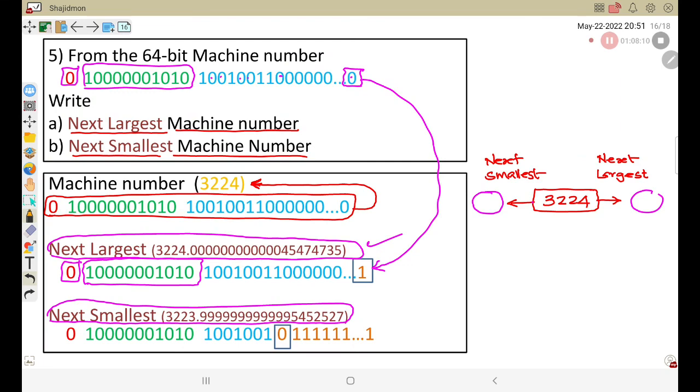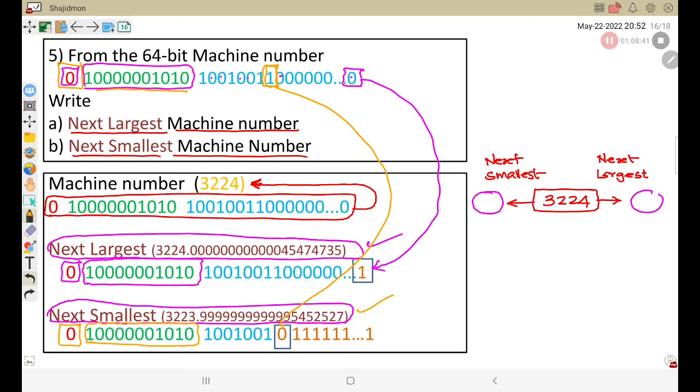For example, here in this question, you can see. For the smallest machine number, first bit 0, here also the same 0. The next 11 bits we write the same. Now the fractional part, I told you, the last 1. See, here is the last one: 1 0 0, 1 0 0 and 1. That last one, we need to change into 0.